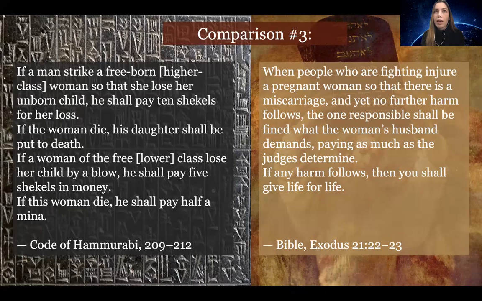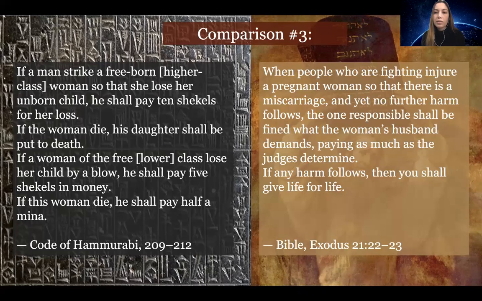So basically in the Bible, the value of a woman is the same as the value of a man. Whereas in the Hammurabi Code, the value of a woman is only equaled by the value of another woman. So if a man strikes a woman and she loses her child but also dies, he doesn't die, but his daughter dies, right?